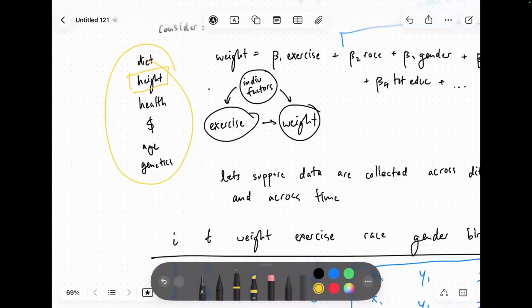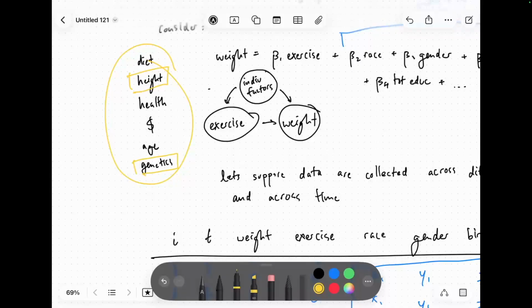I guess if these are adults, then we could maybe say that the height isn't changing over time. If these are children where you're growing, in which case you have height variation within the individual, then you would need to explicitly include that as a control variable, right? But if it's something that's not varying across your dimension in your group, then the fixed effect should effectively capture it, right? So height, let's say, is definitely something.